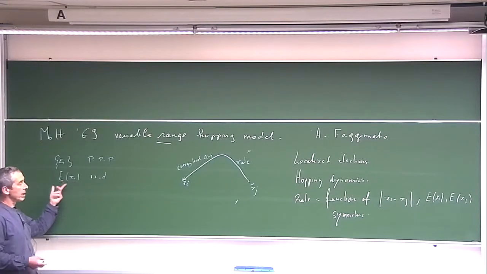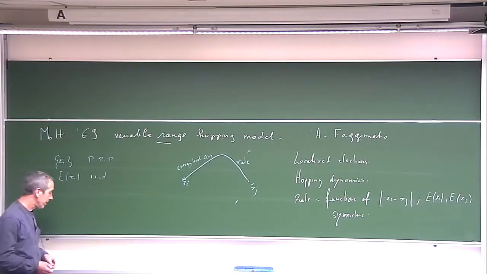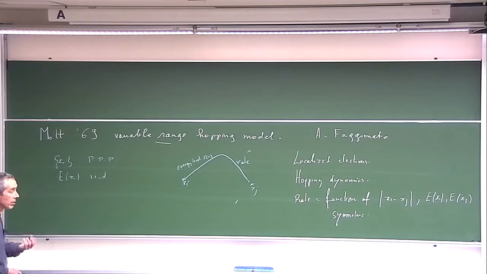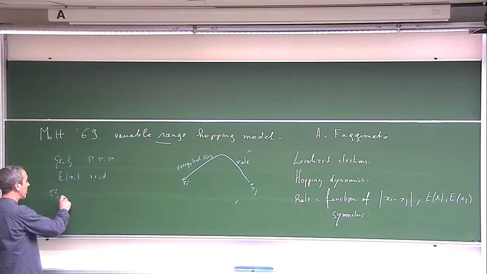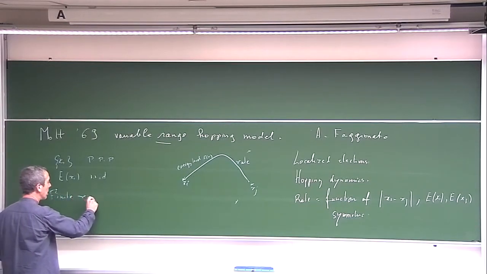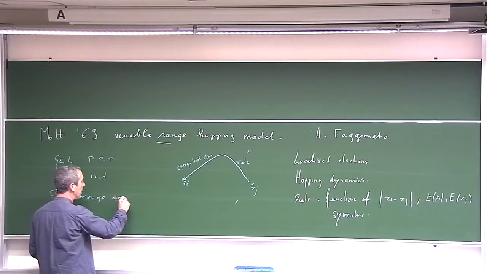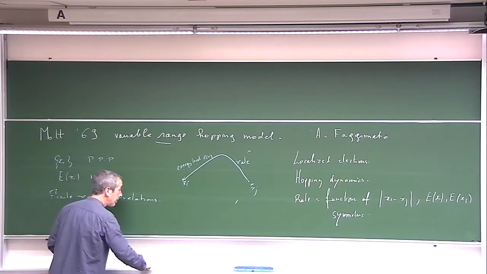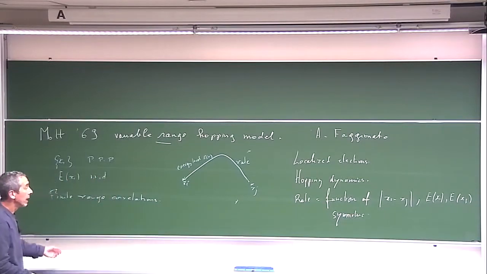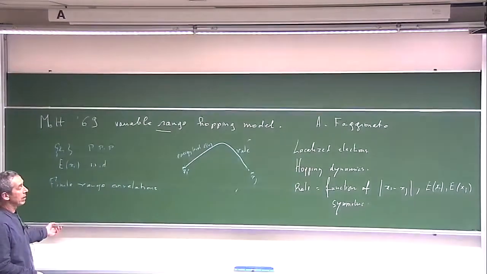But if you choose the energy marks in an IID way, then you can think of this environment as having a finite range of correlation, which will be one assumption that I will use later in the course. So with this choice, we have a finite range of correlations.